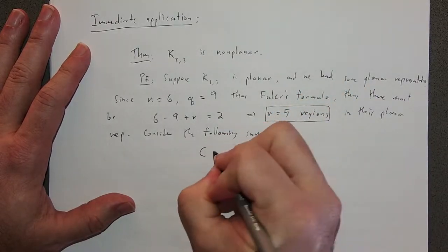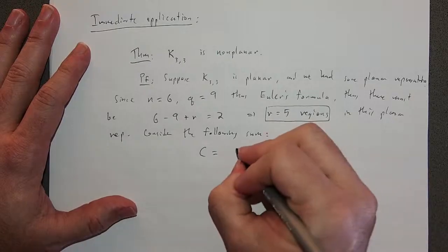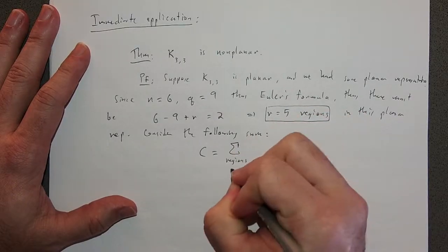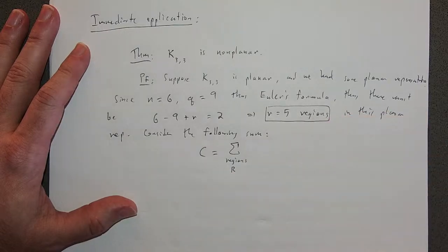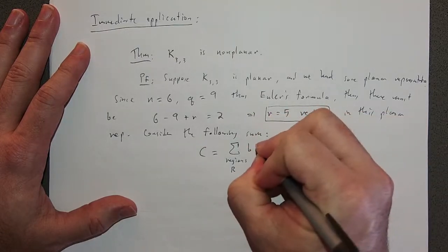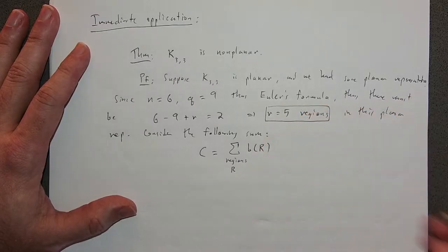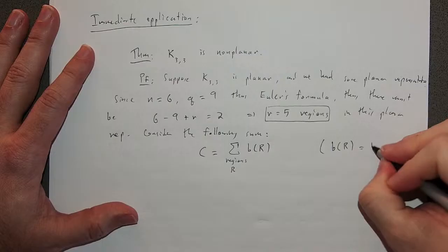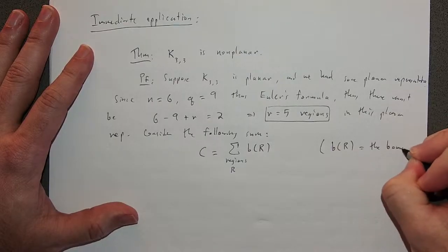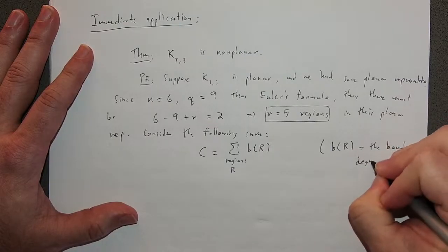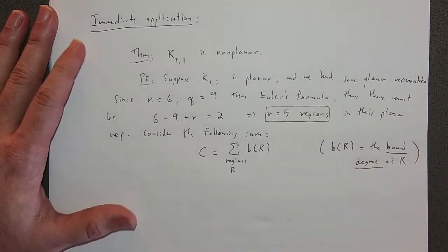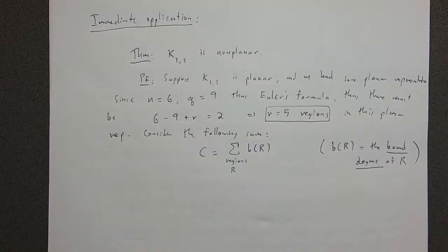I could label this sum C, which is the sum over regions R in the planar representation of the bound number, or the bound degree of the region. This is that number at the beginning of lecture today, which is just the number of edges that bound the region.